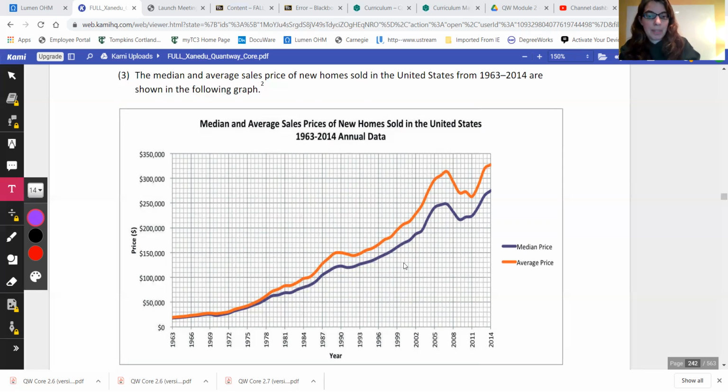You can have some statements about a specific year and what either one of these is. You could have a statement such as, in 1999, the average price of new homes in the US was about so many dollars more than the median price of new homes in the US, okay? You could say something like, between 1990 and 1999, the median price of new homes sold in the US rose by however many dollars.